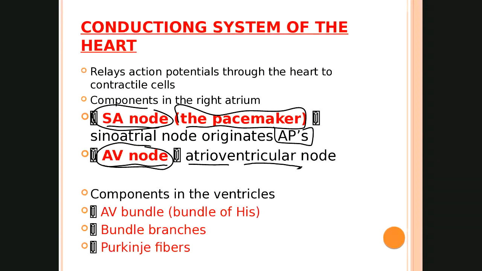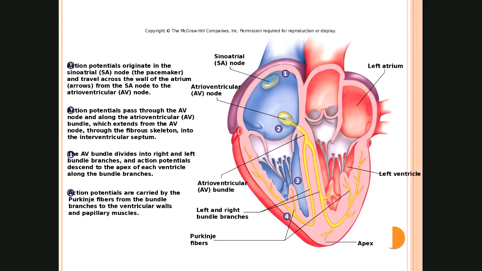Notice that the action potentials start out at the right atrium, and from there they will have to be delivered to the rest of the heart. This is what we call the conduction system of the heart. So let's go through the conduction system of the heart. Again, it all starts at the right atrium, at the SA node location, where these little cells are constantly creating action potentials at a rhythmical pace, between 70 to 80 action potentials a minute.